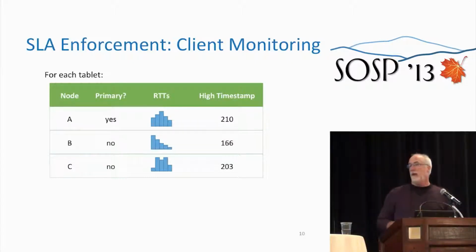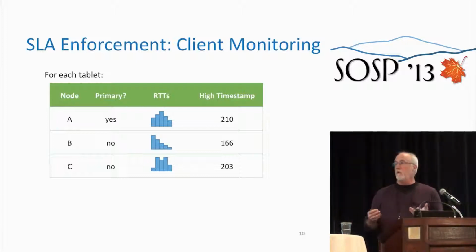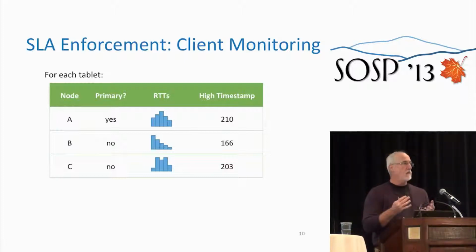And the third thing it has to know is how fresh each of these nodes is, how up-to-date they are. In our system, you may recall, all of our updates go to the primary core. The primary core serializes those updates and assigns a timestamp to each put operation. That timestamp is taken from a logical clock. And so each node maintains a high timestamp recording the latest put that it's aware of.